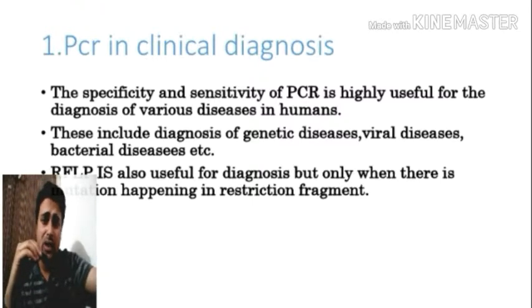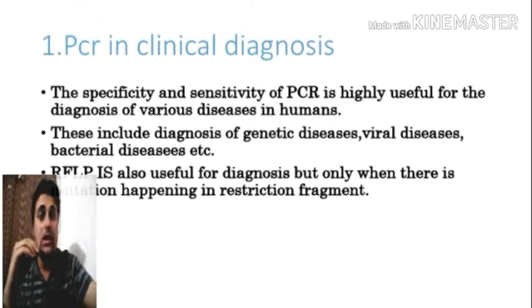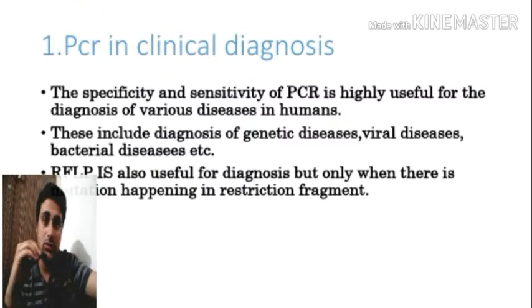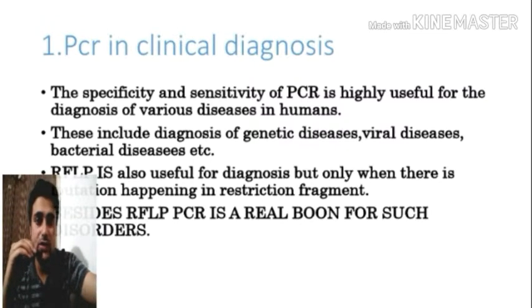Many types of diagnosis can be done by RFLP if there is some kind of mutation, because nitrogen bases being added or substituted will give you a different length, which creates a polymorphism that we call restriction fragment length polymorphism. These days, in 98% of cases, PCR is the most helpful diagnostic technique, a real boon for such disorders.